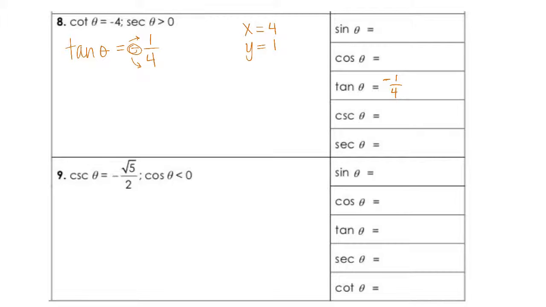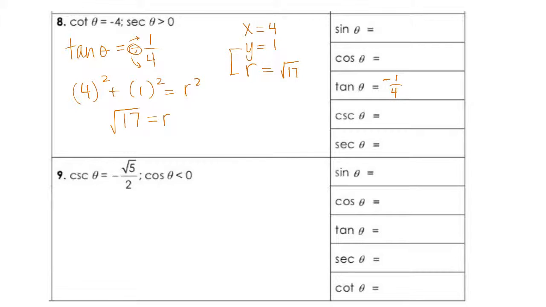Now, let's see. We need to find r. So in order to do that, again, we're going to have our x squared plus our y squared equals r squared. So it looks like we're going to get square root of 17. That's going to be the r value. Is that okay? Questions? All right, now let's go through and list our trig values. So here we're going to have sine, which is y over r.